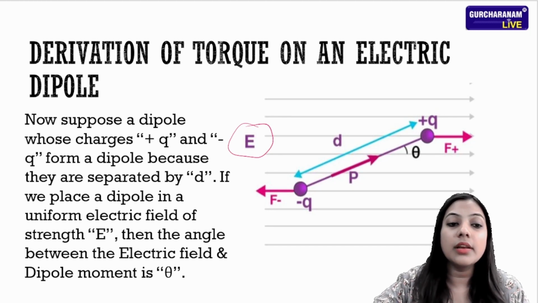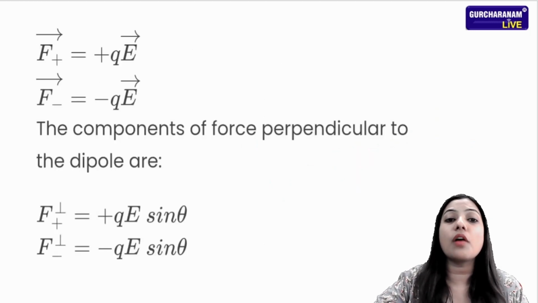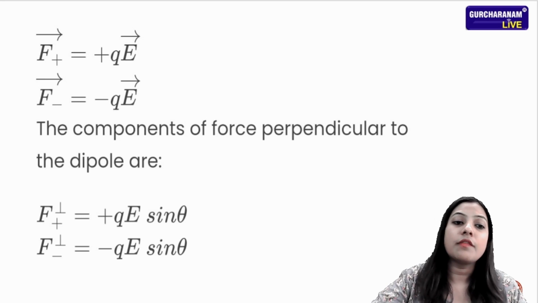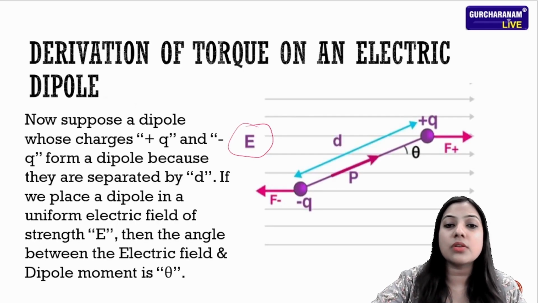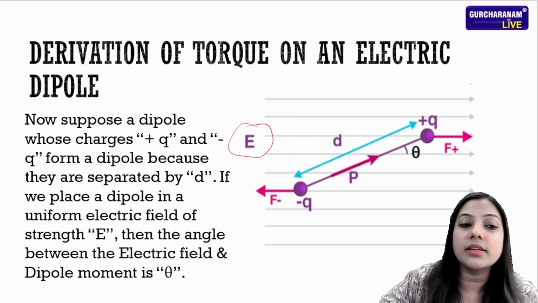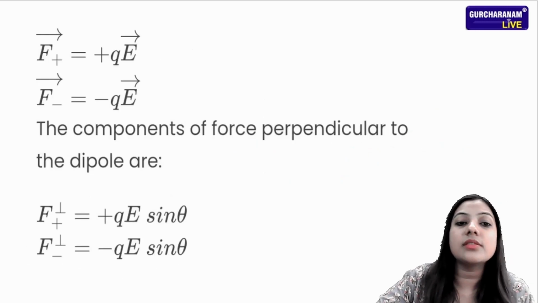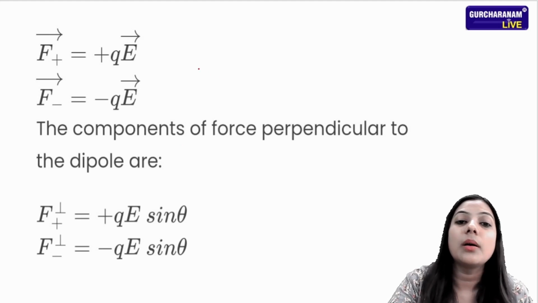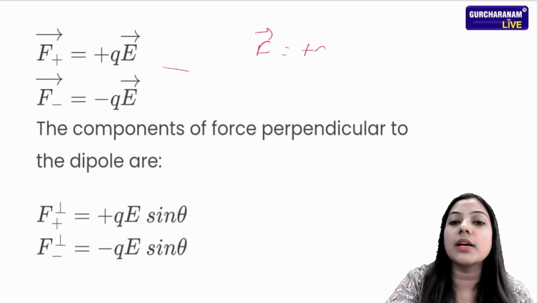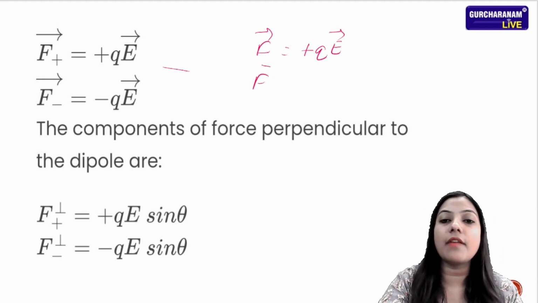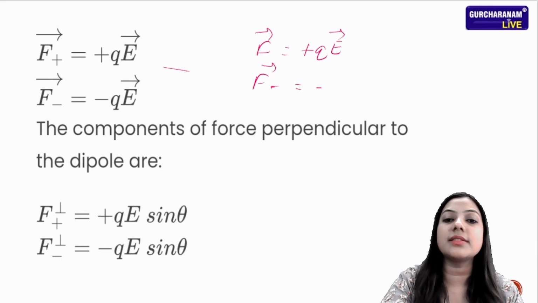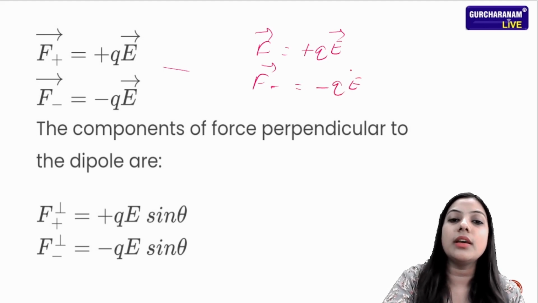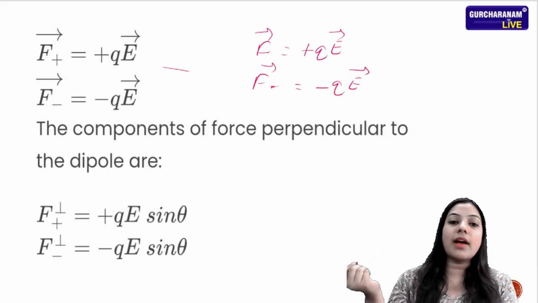Now, what is the formula of torque? First of all, we have to find the force on the plus q and minus q charges. The force on the plus q charge, F vector, is equal to plus QE vector, and the F vector due to the minus charge is minus QE vector.